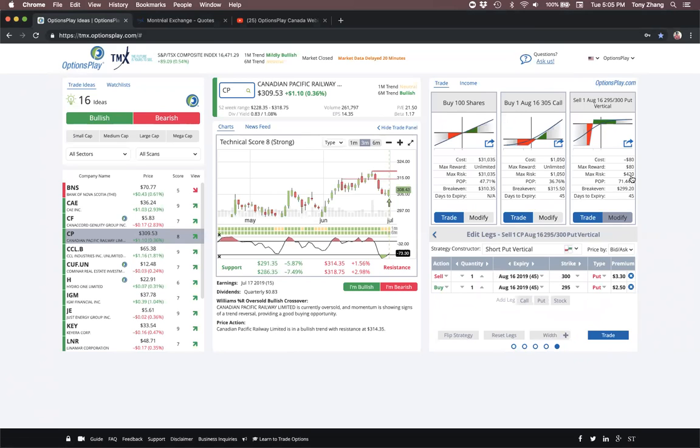As you can see, the max risk here is 420. So instead of 29 grand, it's $420. So your margin requirement on a credit spread is the max risk of that credit spread. So significantly less capital to sell a credit spread than a cash secured put.